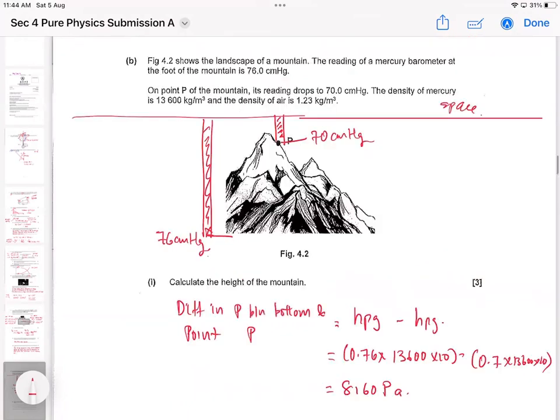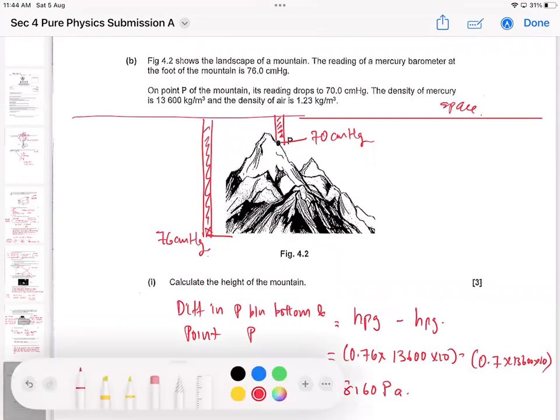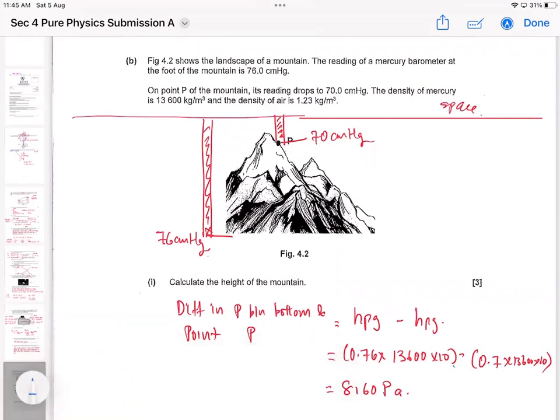So I can also say that based on this, the question wants to find out the height of the mountain. So at point P, this is the height from ground level that we are interested in. So this height happens to be the height of the mountain.